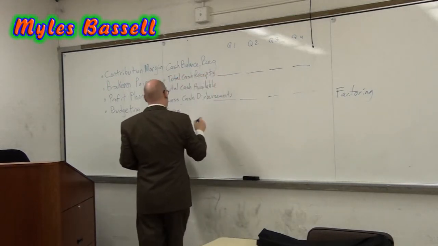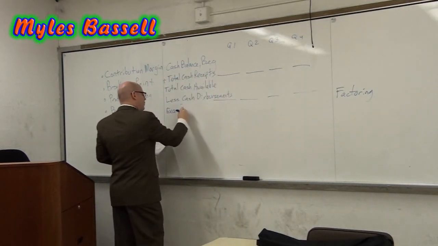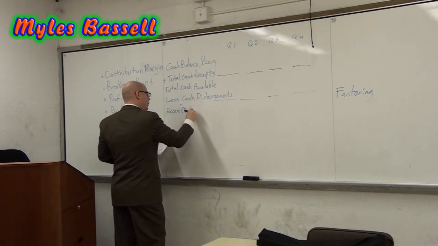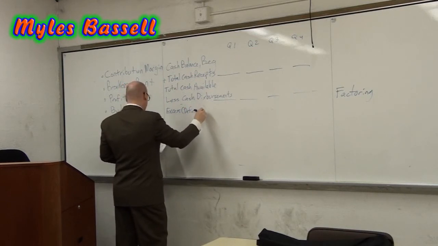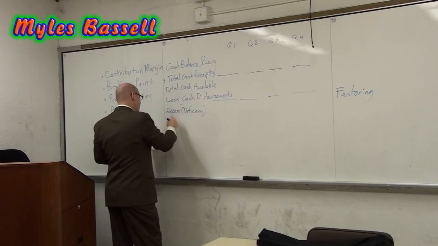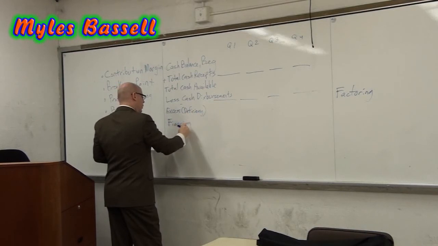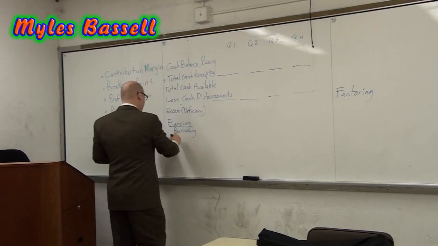So we're going to subtract the cash disbursements, and then we're going to have either an excess or a deficiency. Then we need to take into account that we're borrowing money, and the interest.